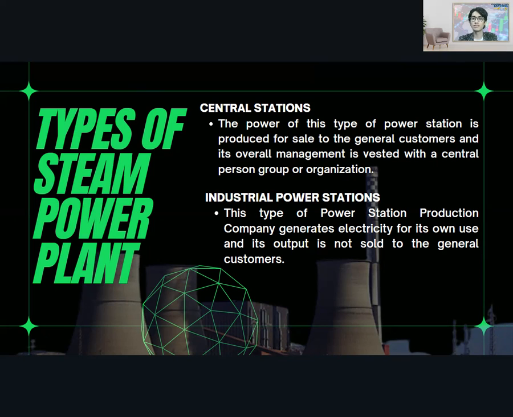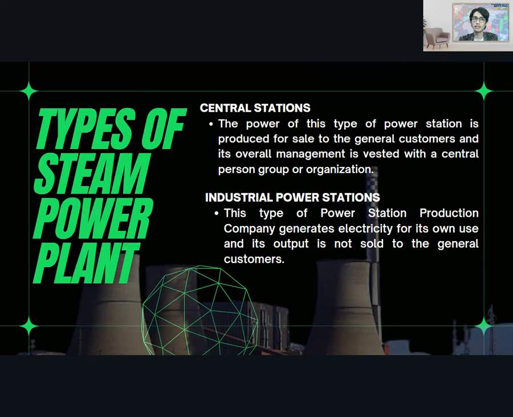That's a central station. When it comes to industrial power station, it is the type of power station where a production company generates electricity for its own use, and its output is not sold to the general customers. Meaning to say, it is for private use only.